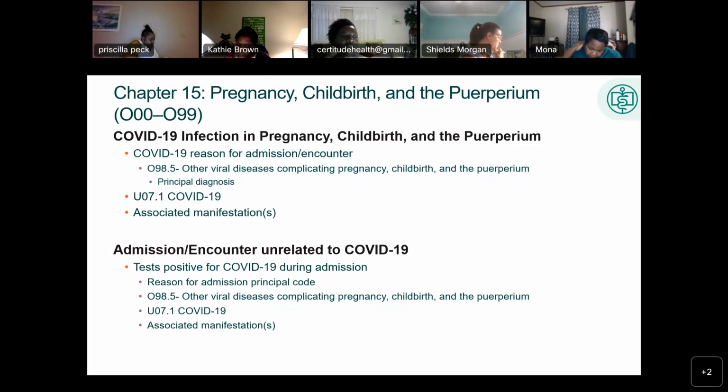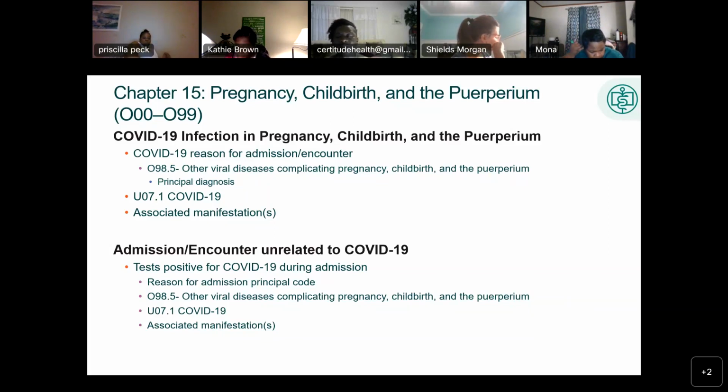If the admission is related or the encounter is unrelated to COVID-19, but the patient does end up testing positive during their visit, which they could have only gotten because someone brought it to them, if they're in a hospital and they didn't have COVID when they came in, it would still be the same. You would report one code from the O98.5 category and U07.1.